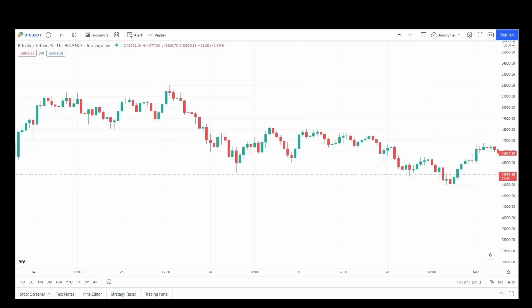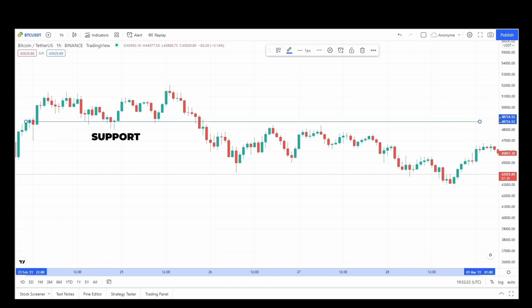Resistance becomes support. When a resistance level is successfully penetrated, that level becomes a support level. Same thing: when a support level is successfully penetrated, that level becomes a resistance level. Let's take this example, Bitcoin. As you can see here, there is a support level at around $48,000.